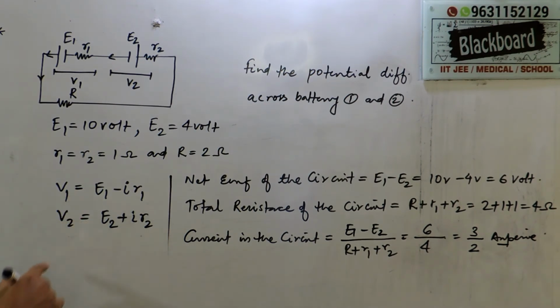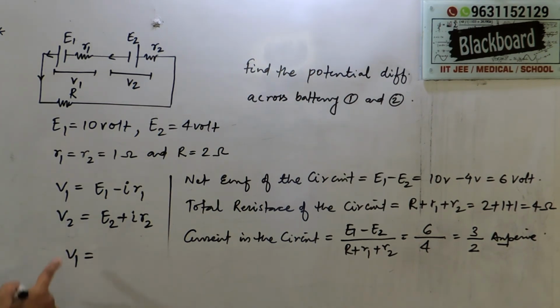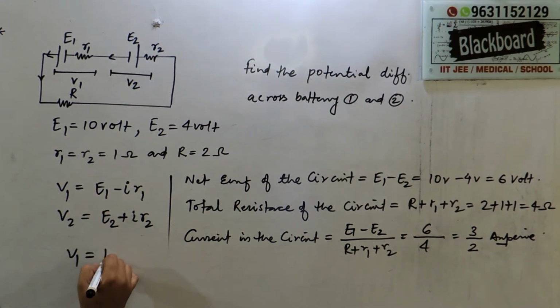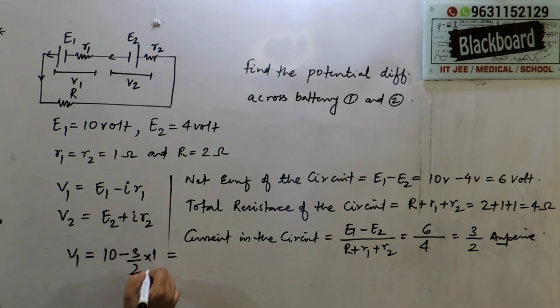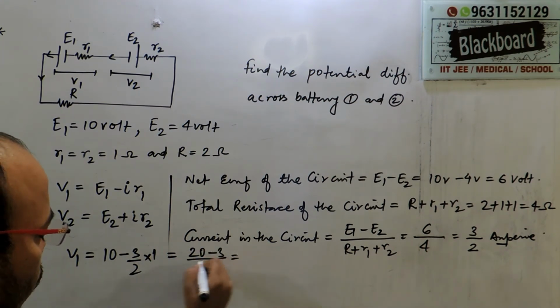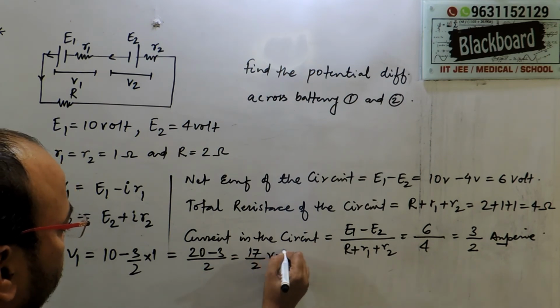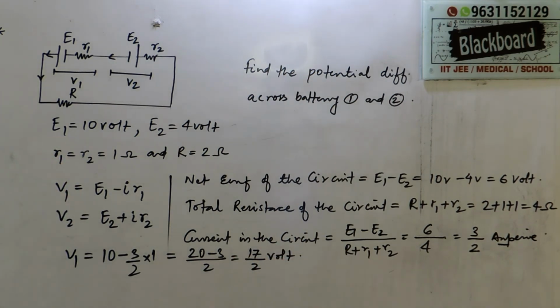Now put I here, you will get V1 and V2. V1 is 10 volt minus I, which is 3 by 2, times R1, which is 1. That means 20 minus 3 by 2, that means 17 by 2 volt is the potential across it.